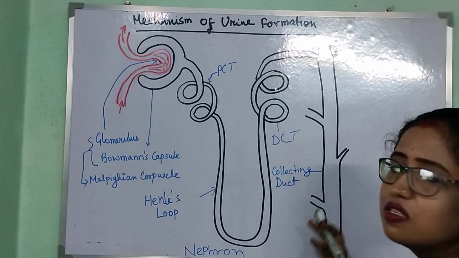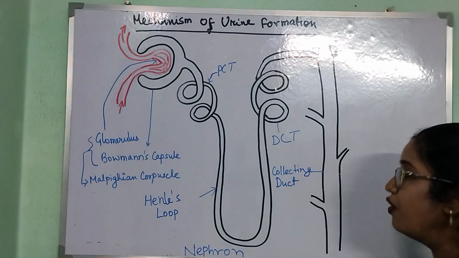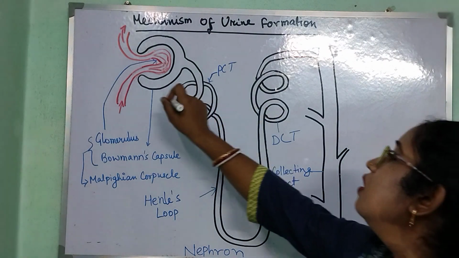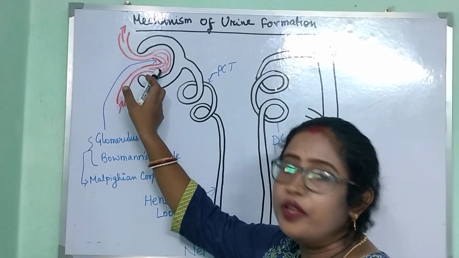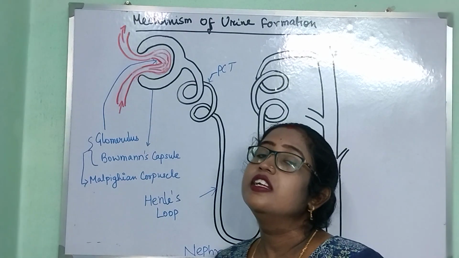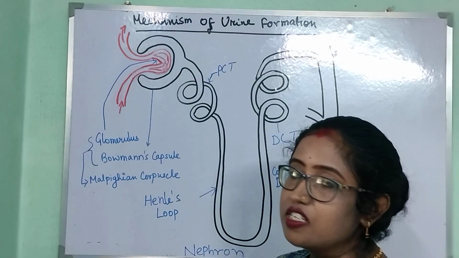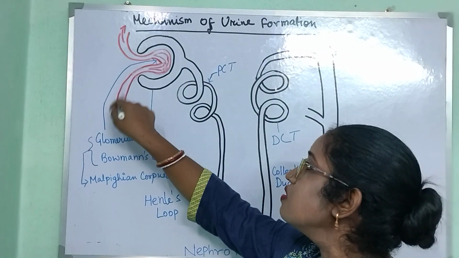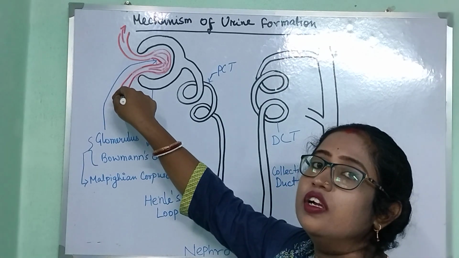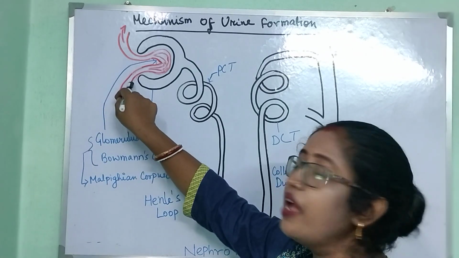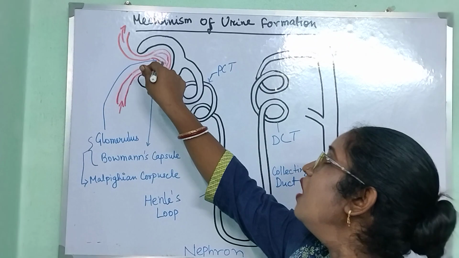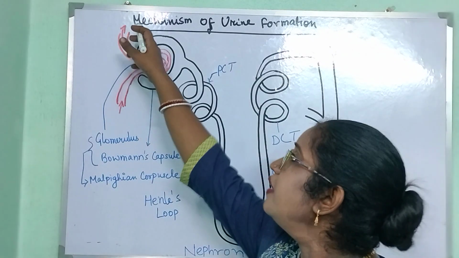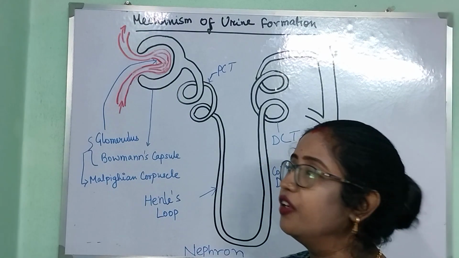So this is the simplest structure of the nephron, as we saw in our earlier classes also. This one is the glomerulus, formed by the renal artery. This is where the blood enters through an arteriole. This arteriole is known as the afferent arteriole, and the exit of blood is carried out by the efferent arteriole.